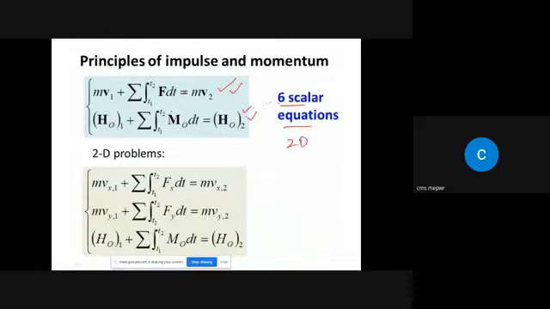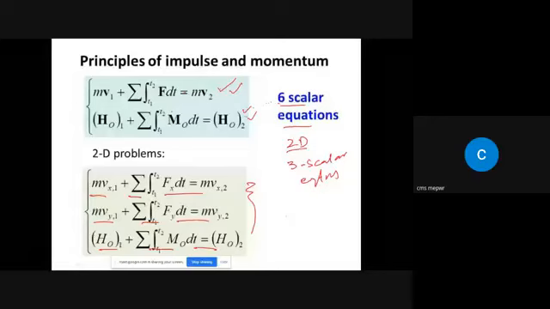But if you are having 2D, like the previous case, we will be having three scalar equations. So let's discuss these three scalar equations only: the principle of linear impulse and momentum along the x-axis, along the y-axis, and the principle of angular impulse and momentum. These are basically the three equations that we got for the principle of impulse and momentum, especially if you are considering angular impulse and momentum.